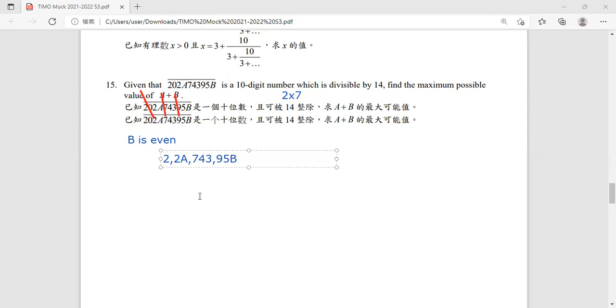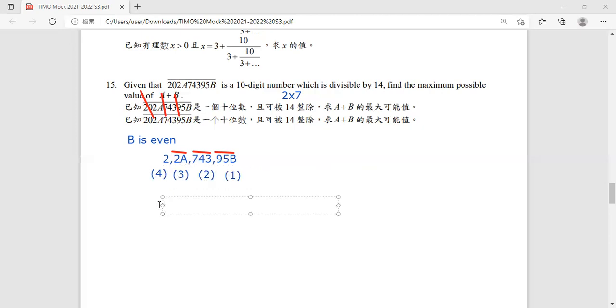Of course, it's a number, so I put a bar over it. This is group 1 from the right-hand side, this is group 2, this is group 3, and this is group 4.